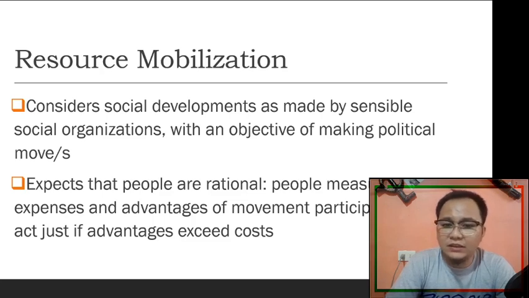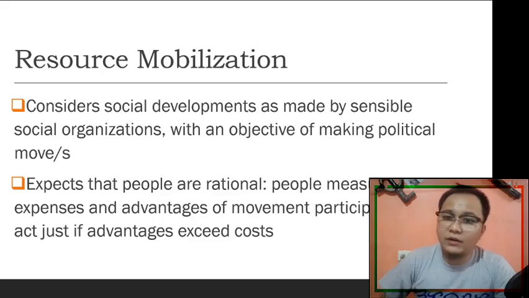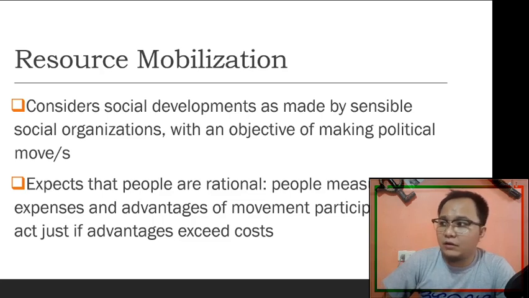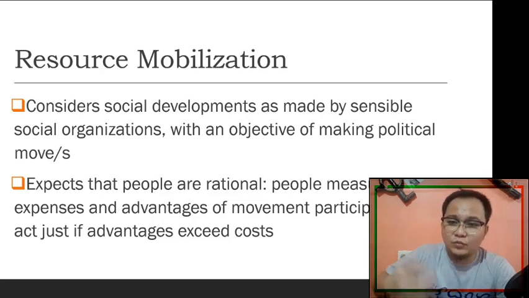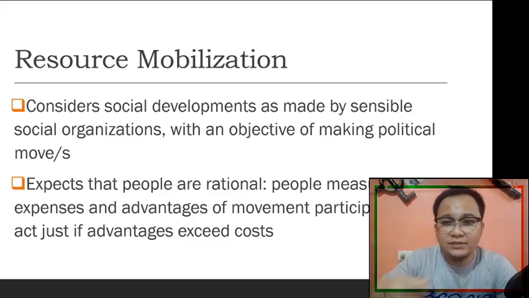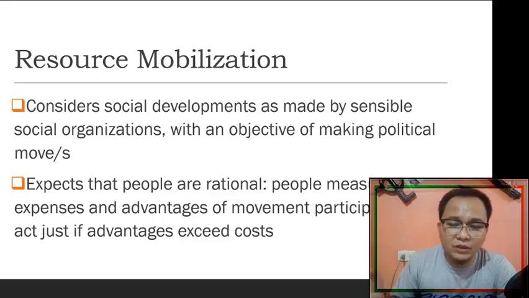As such, tinitingnan ng resource mobilization approach na yung mga social developments, yung mga pag-unlad, minor man ito, as long as pag-unlad sa lipunan, ay ginawa ng mga grupo dahil this was their aim, their objective all along. To influence, incite change, no? Make, influence decision making, and in a nutshell, again, make a political stand.